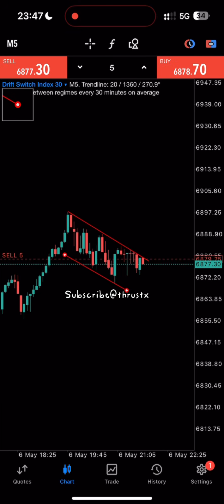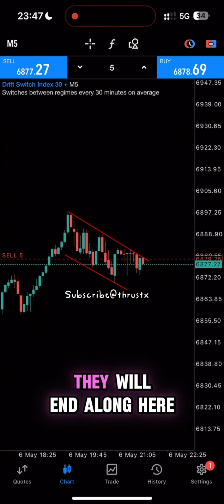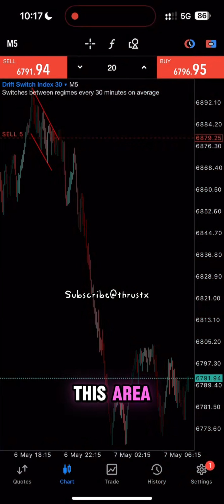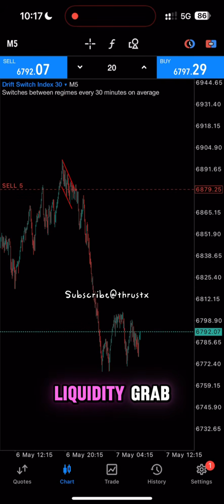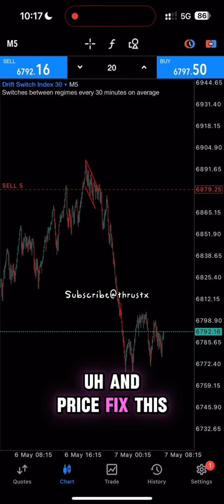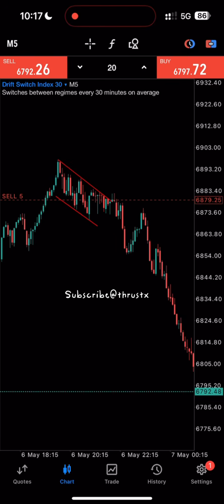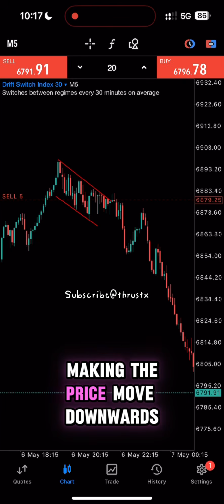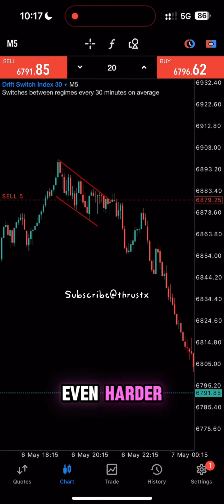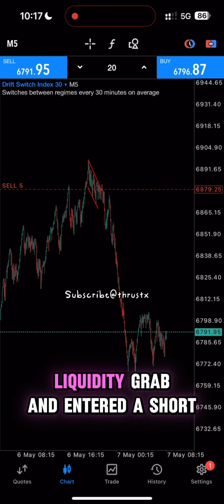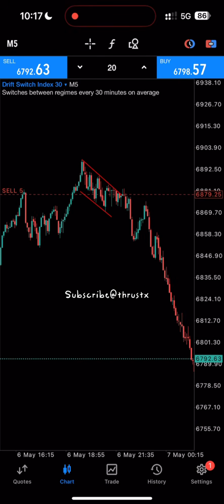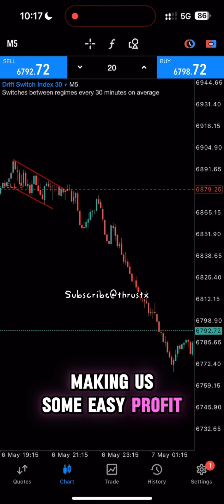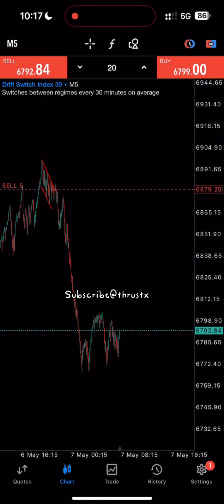They will enter long here and set their stop losses around this area, meaning that if it's a liquidity grab and price fakes this upward movement, when price reverses, it's going to hit all of these traders' stop losses, making the price move downwards even harder. So if you found this liquidity grab and entered a short, you would benefit from the strong impulsive movement, making us some easy profit. Pretty simple, right?